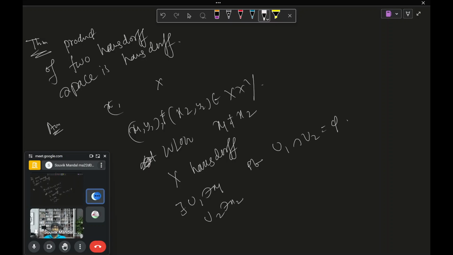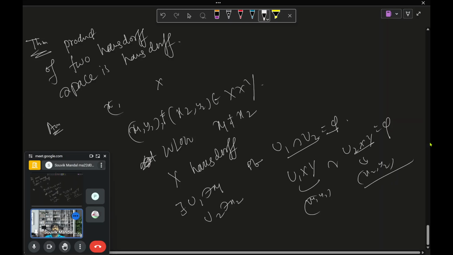There is no need to consider y1 and y2 itself. You have only considered x1, x2 not equal, and I think it is sufficient, because you can consider the sets u1 cross Y and u2 cross Y, and the intersection is empty. This contains (x1, y1) and this contains (x2, y2). So we are done. Understand?